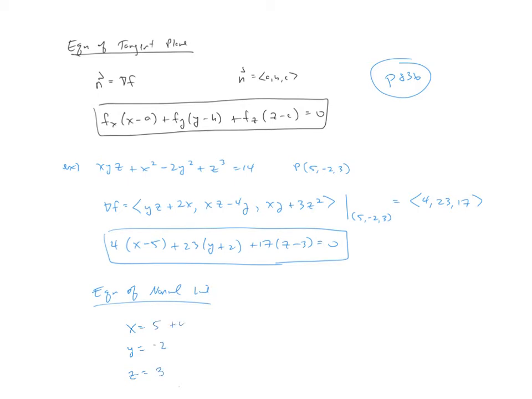And then we have plus 4t, plus 23t, and plus 17t. So these were the coordinates for the point, and then these were the components from the direction vector for the line. Again, since it's a direction vector of a normal line, we're using that normal vector to come up with that. So here's the equation of the normal line to the surface at the point.